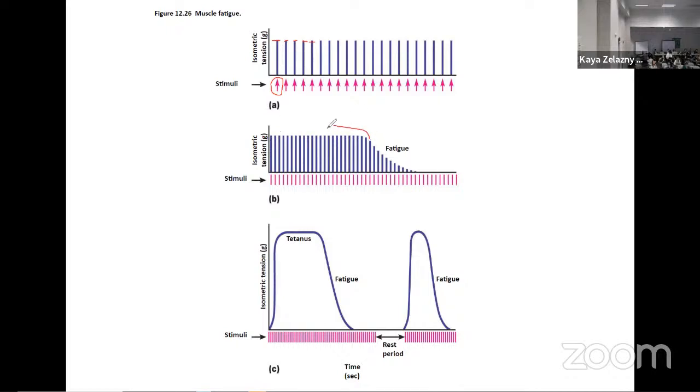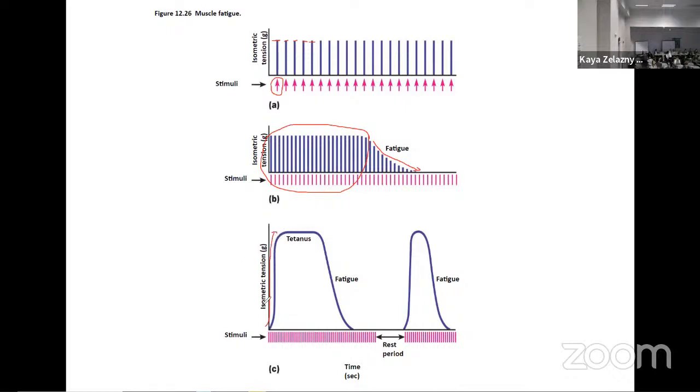At a certain point, as this continues on, we're going to see that we get less and less tension for each of our stimuli, right? So we're depleted some of those stores of energy. Maybe we've cut off oxygen, right? So we're causing fatigue here. So overall, once it's really, really fast altogether, what this might look like is we might see our tension rising quickly, right?